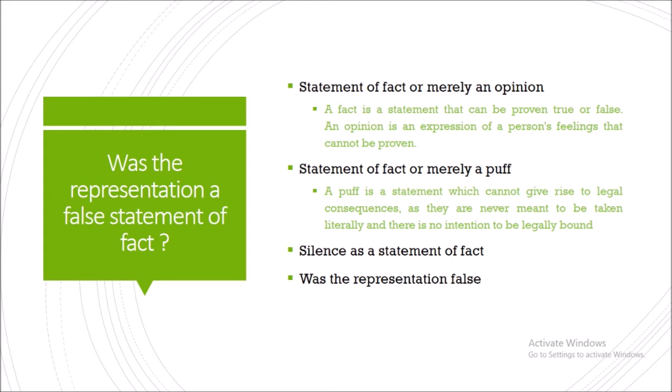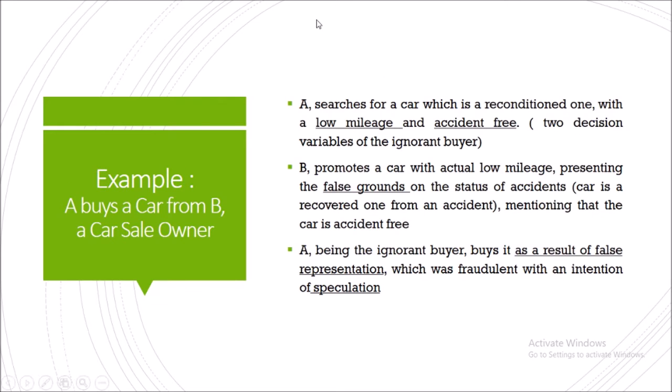Now, as an example, take the car seller in the previous case. Since he expressed it as a fact, mentioning that the car is accident free, of course this is a fact. This can be proven, because he told me this car had not met with an accident.